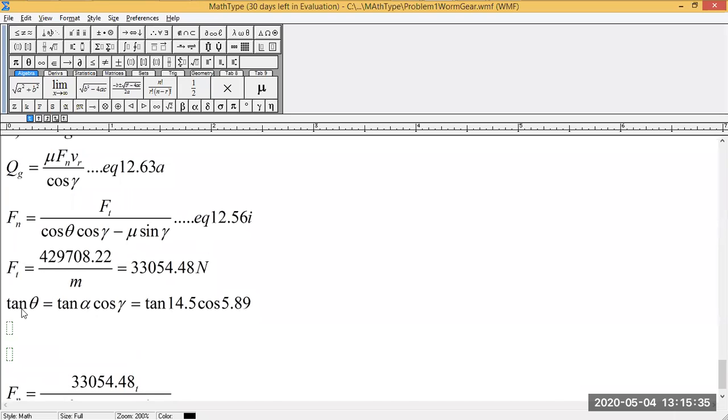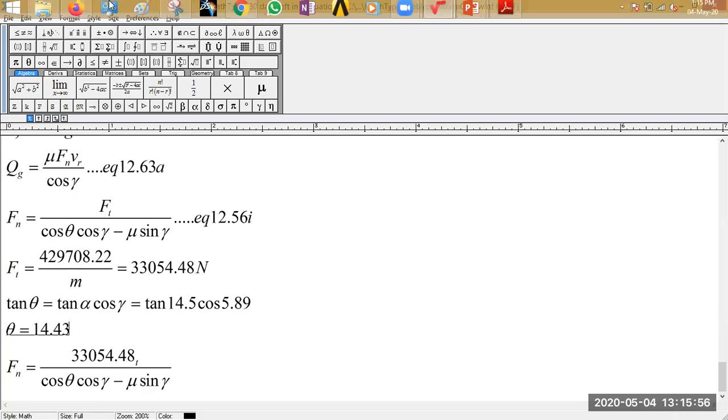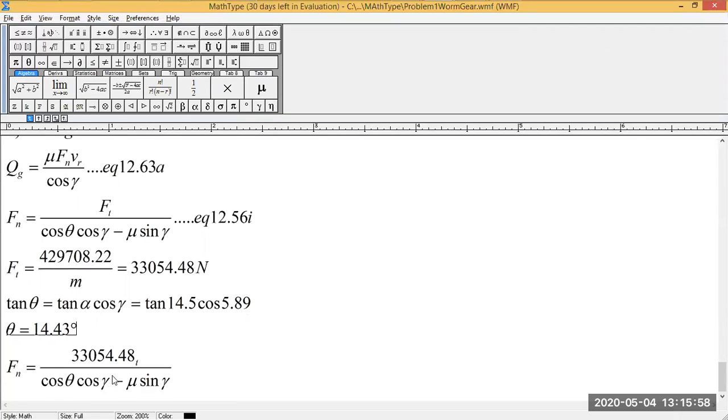So that means theta is equal to tan 14.5 into cos 5.89. The tan inverse of this is theta, 14.43 degrees. Right. So we have found theta. So theta is known now.